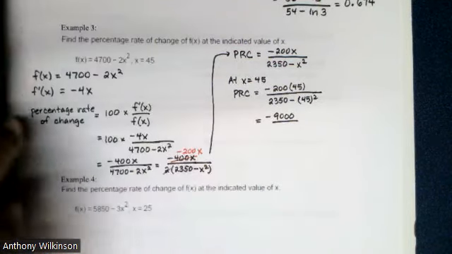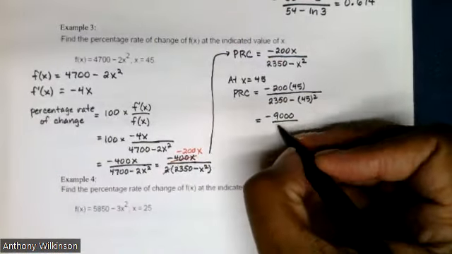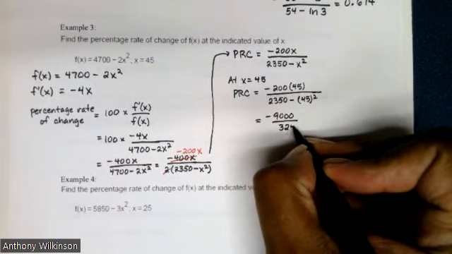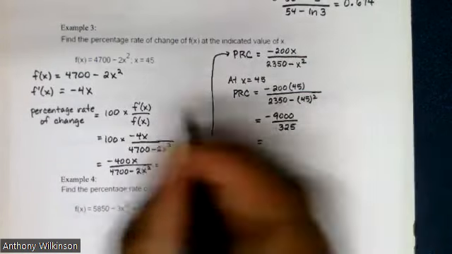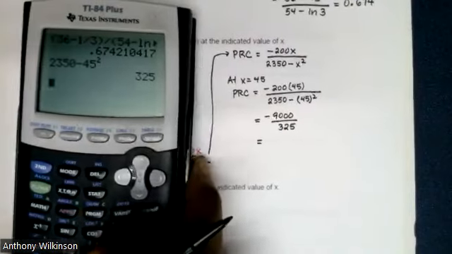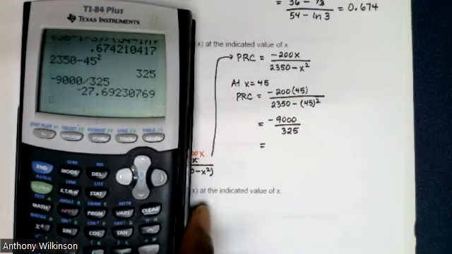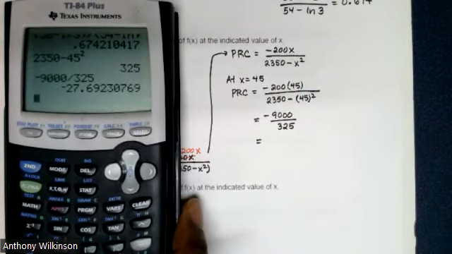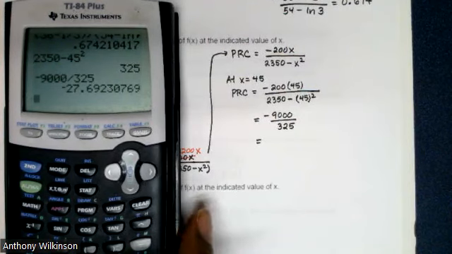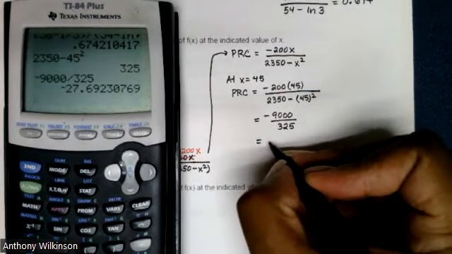That would give me 325 in the denominator. And then negative 9,000 divided by 325. And if I was to round this off to one decimal place, this would be a negative 27.7.